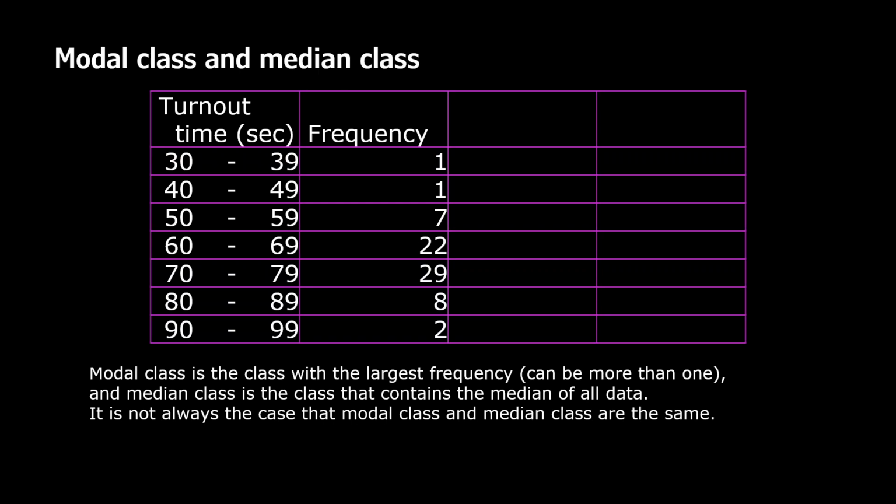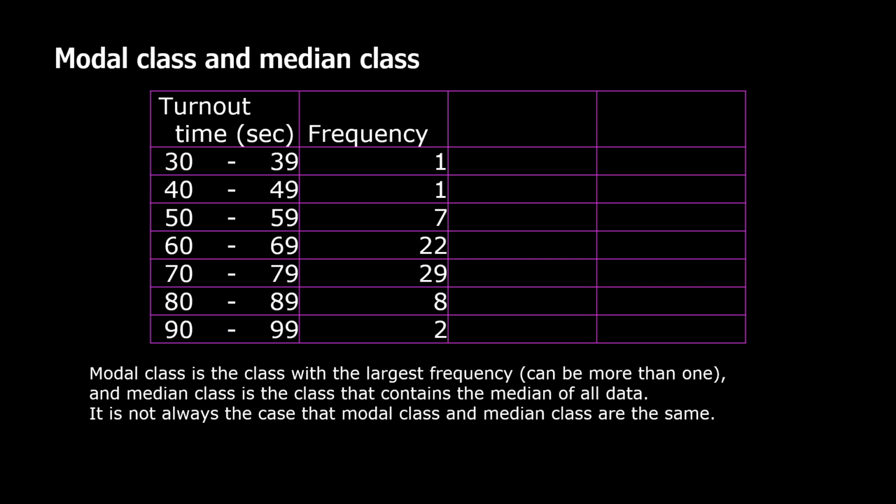Now, because we had access to the actual raw data, we actually know the median value was 70 point something, 70.8, I think. So I know that it belongs to this class, 70 through 79. But you know what happens?